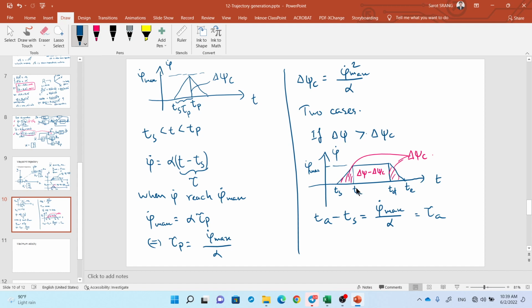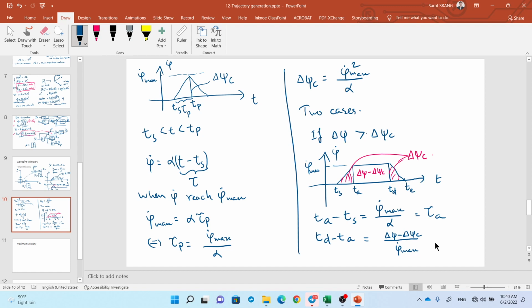How about td minus ta? The velocity is constant here, and the angle is delta psi minus delta psi c. So it means delta psi minus delta psi c over psi dot max.